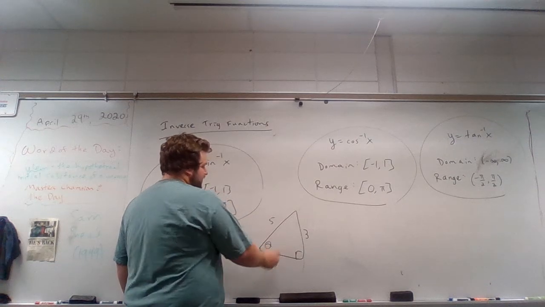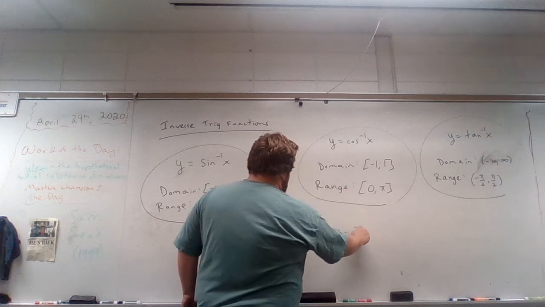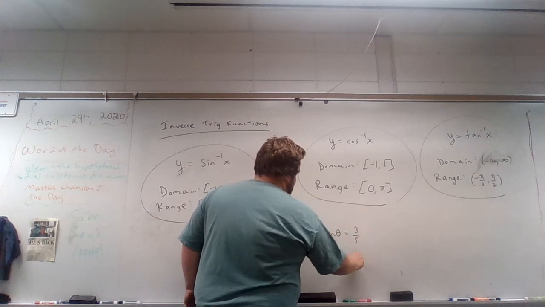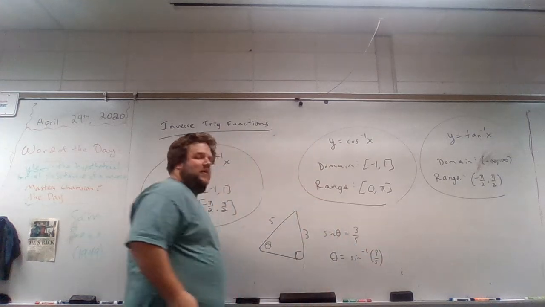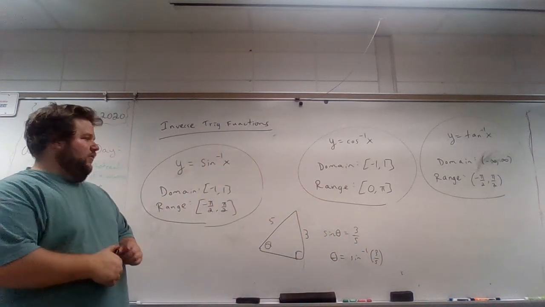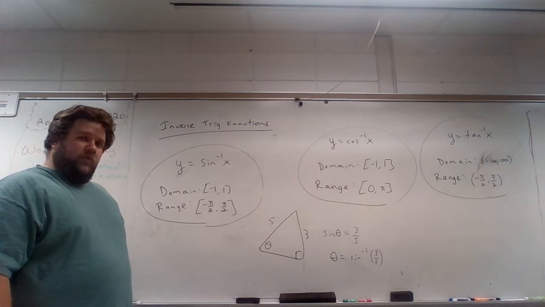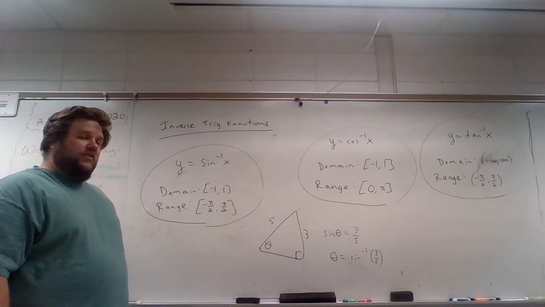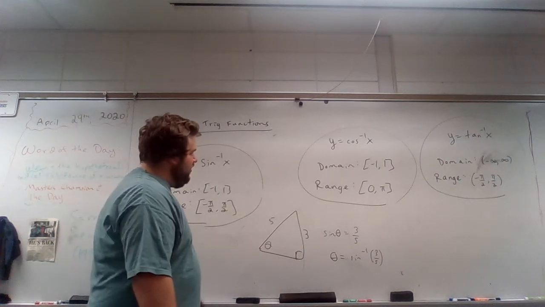And maybe I want to find this angle theta, and I do something like sine theta is equal to 3/5, and then to find theta, I do the sine inverse of that and it popped out some number, and I never really talked too much about, okay, what is that number? Are there any restrictions on what number is outputting? And it turns out that there are. We just kind of skimmed over it to start with.